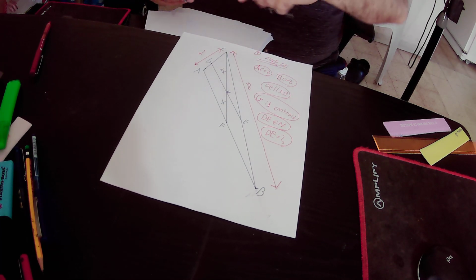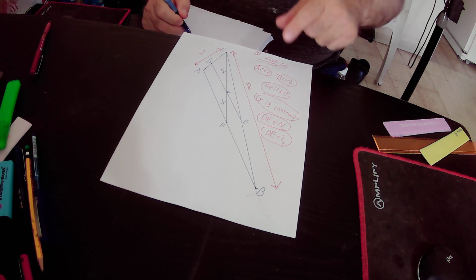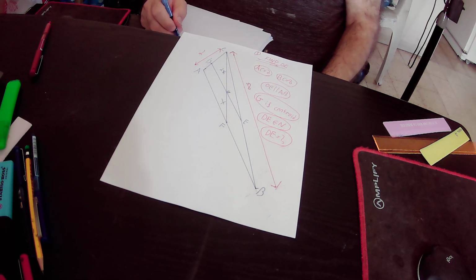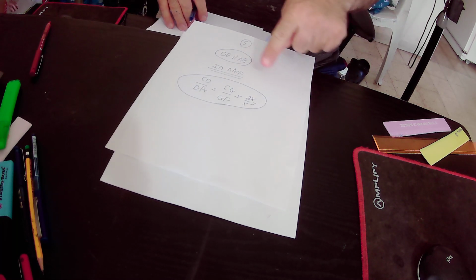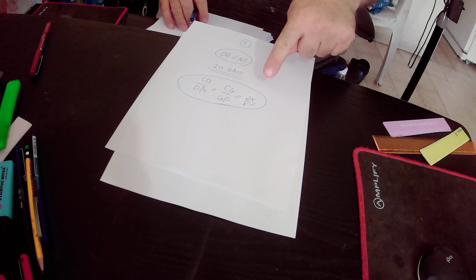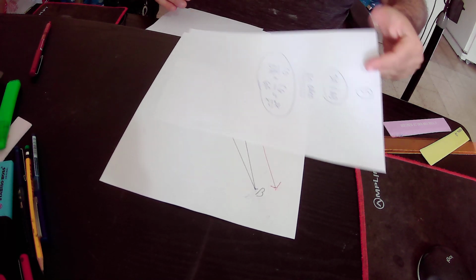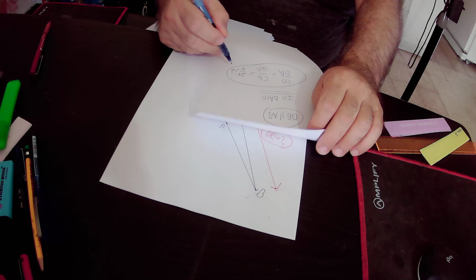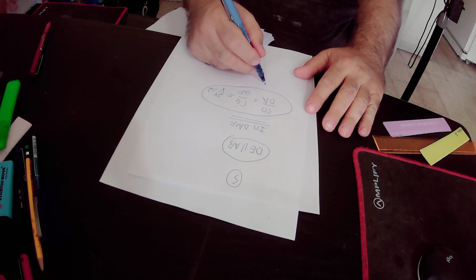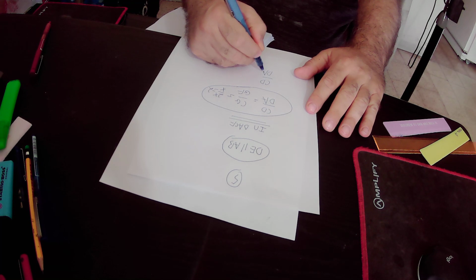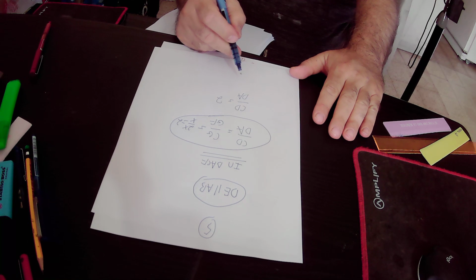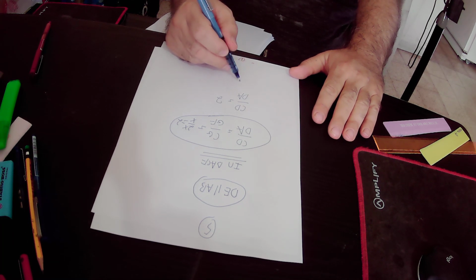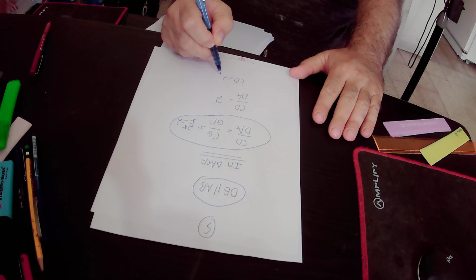CG equals 2x, and we also know that GF equals x. So 2x over x is 2. So we found out that CD over DA equals 2, and if we multiply this equality by DA, we get that CD equals 2 times DA.